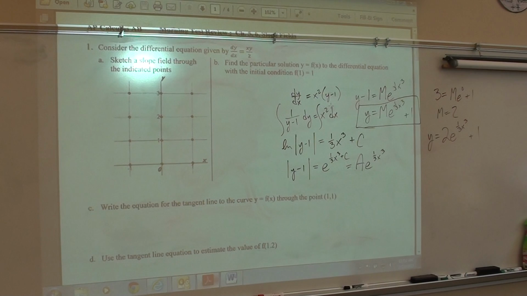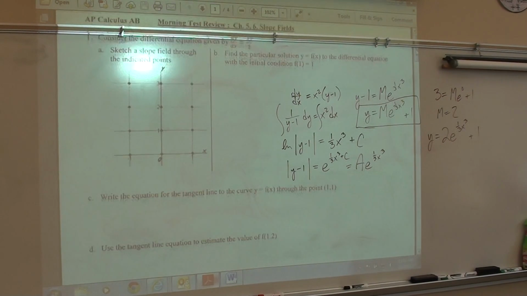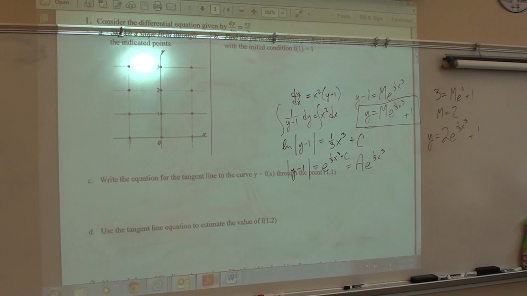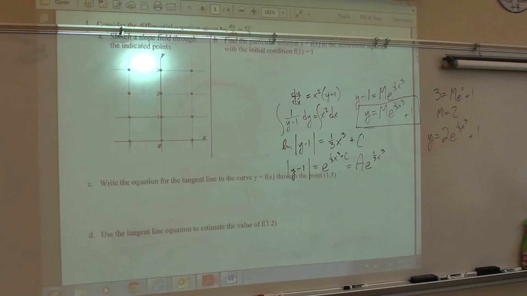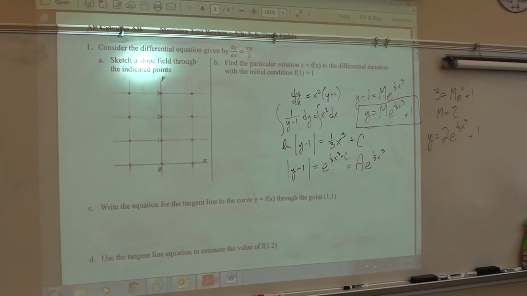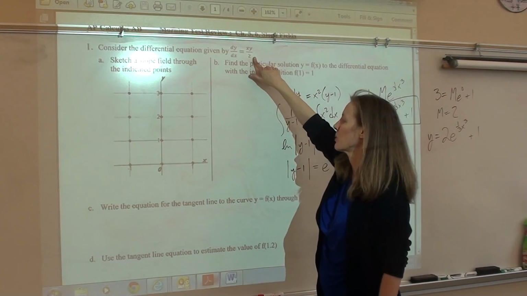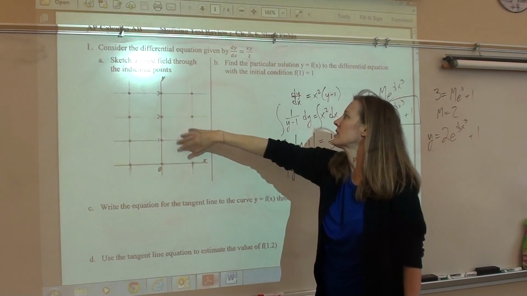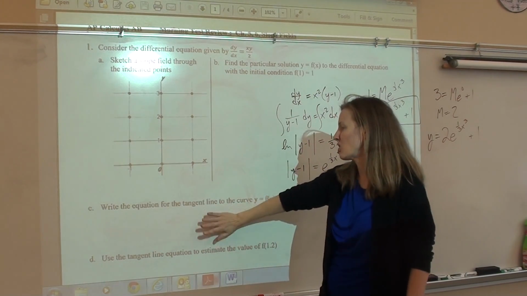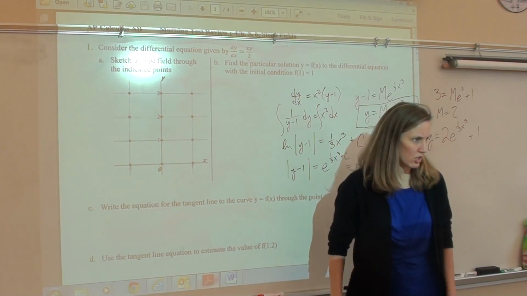So instead, I'm going to use this problem from Mr. Yang's morning review that he likes to do before tests. It says dy dx equals xy over 2. We're not gonna sketch it or solve it, we're just gonna jump right to talking about tangent line equations.